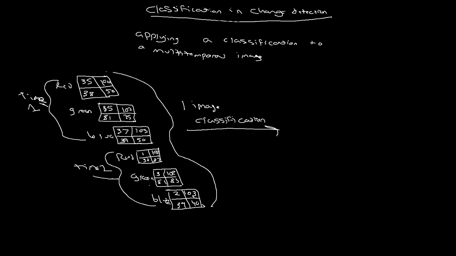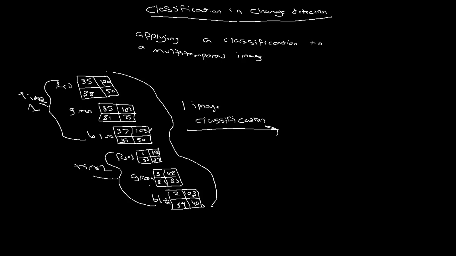And in this lecture video, I want to pick up where we left off talking about classification and change detection. In specific, what happens when we run this multitemporal image, so again, that's two time periods stacked together in one image, into a classification algorithm?